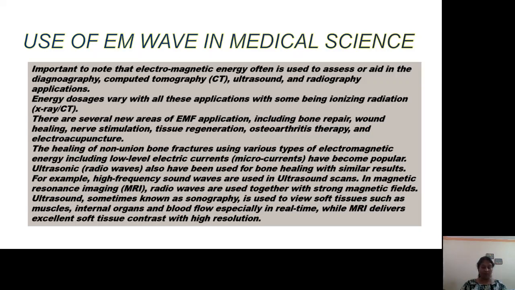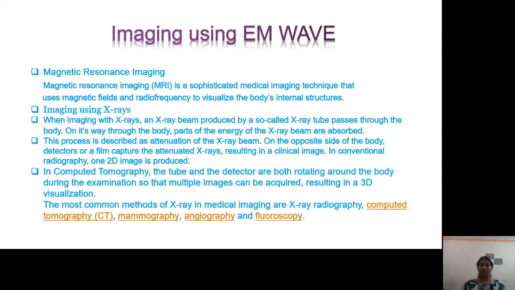All are used in bone healing. MRI scan, ultrasound imaging, X-ray, and some electromagnetic radiations help in bone repair, wound healing, nerve stimulation, osteoarthritis therapy. Imaging helps in the diagnostic process.